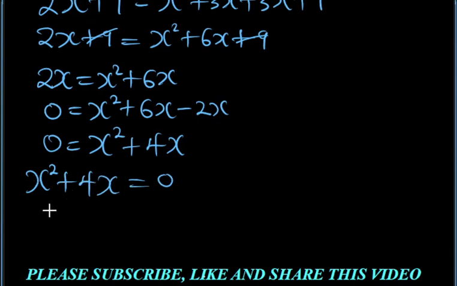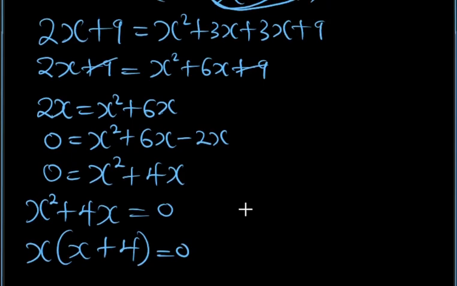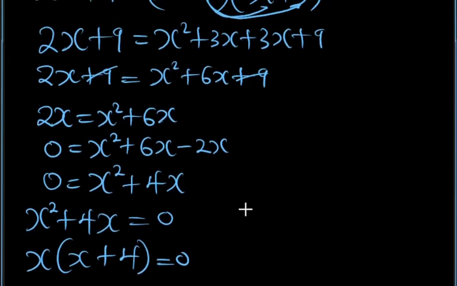So if we factorize this, we get x open brackets x plus 4 equal to 0. So it is either x is equal to 0 or x plus 4 is equal to 0.